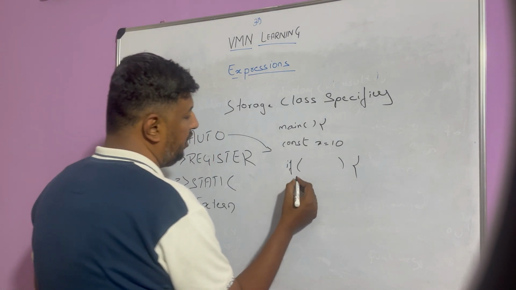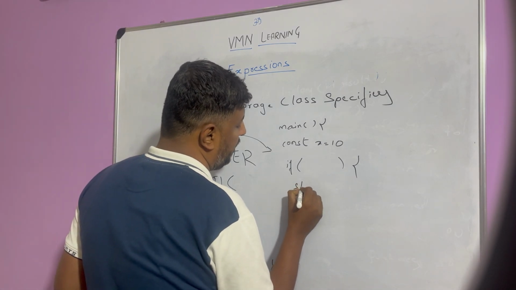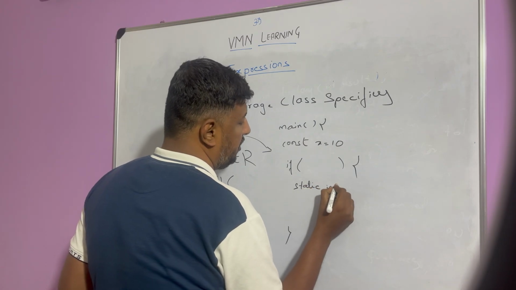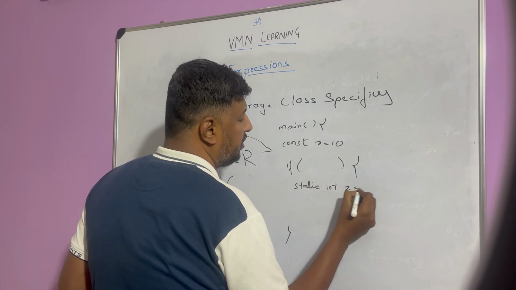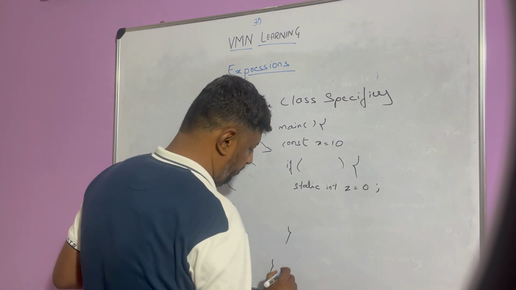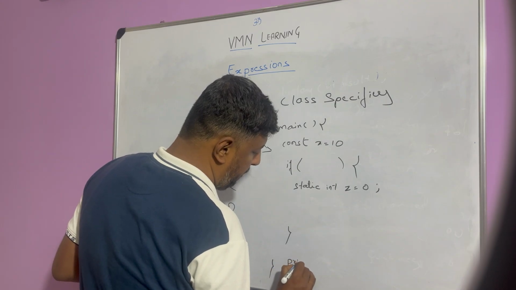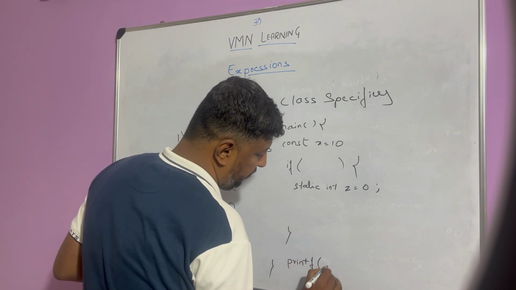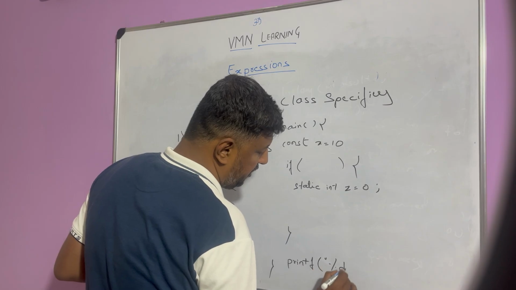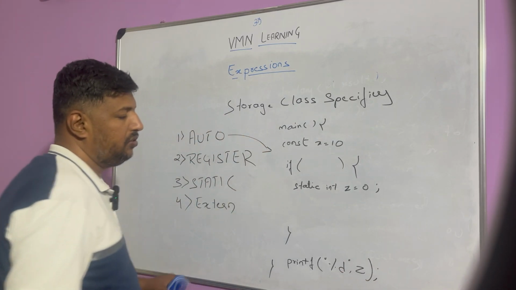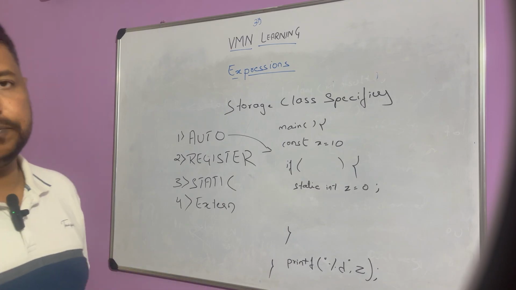Okay, here if I give static int z is equal to 0 and printf, what will be the value printed here?